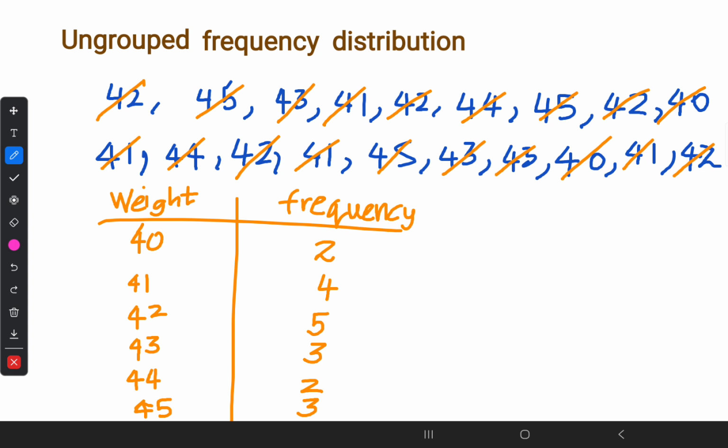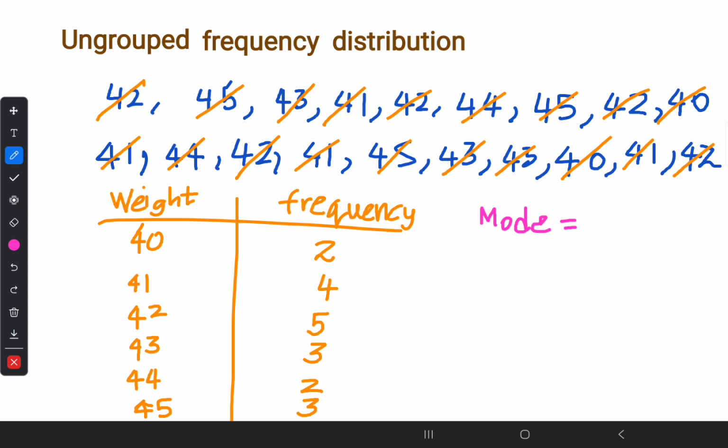You should have prior knowledge about the ungrouped data distribution to do further questions. Here, how to find the mode? We know how to find the mode, mean, median and range for several data in the previous examples. But here this is an ungrouped data distribution. How to find the mode?